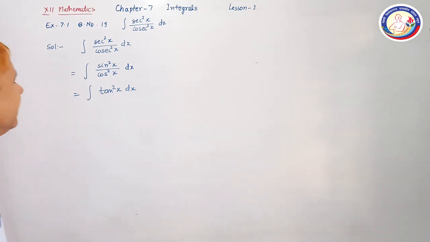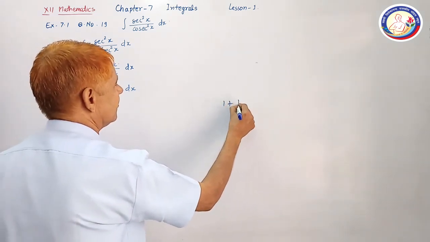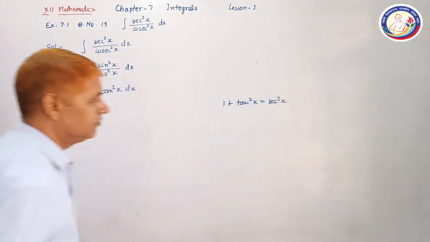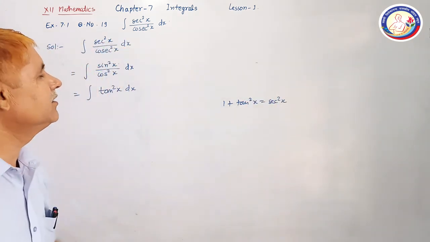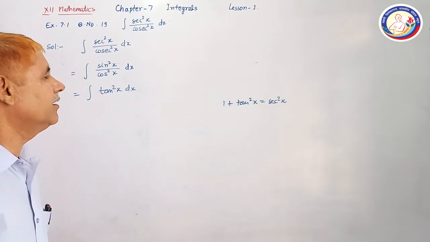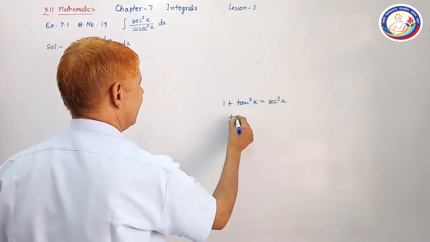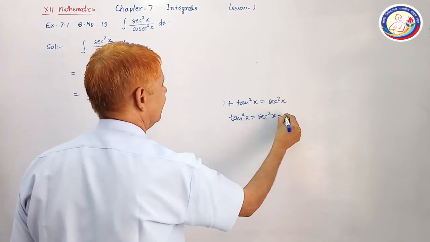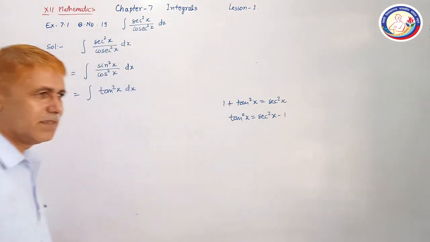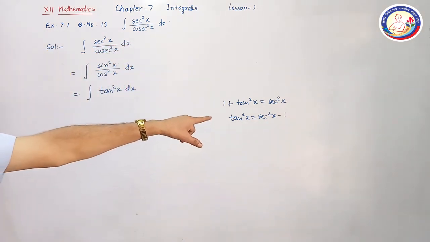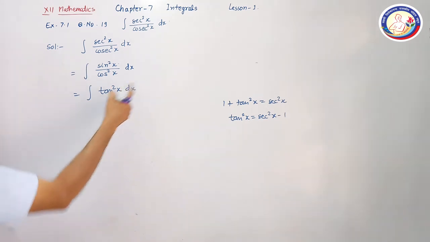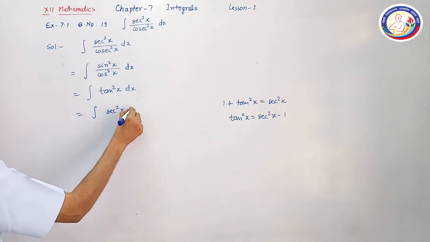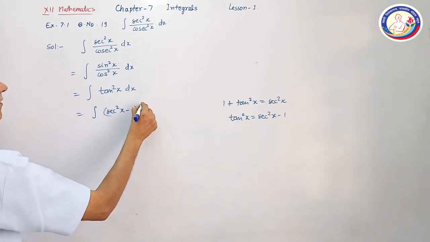Using the second fundamental identity of trigonometry, we can write tangent square x as sec square x minus 1. And we know that sec square x is integrable. We know it is the derivative of tangent x. So write tangent square x as sec square x minus 1 using the formula.